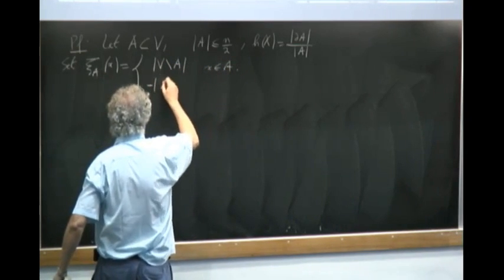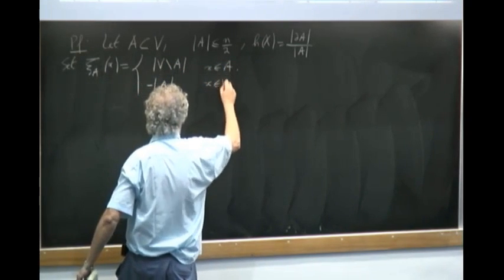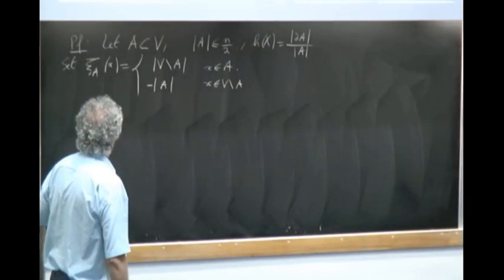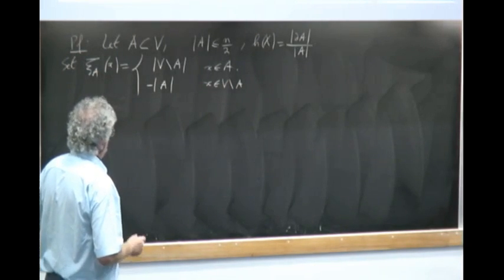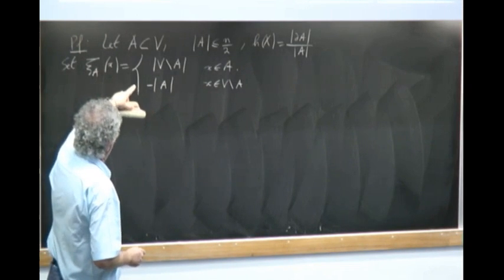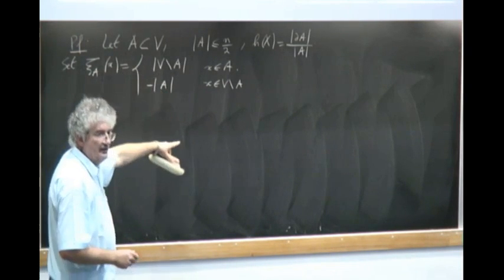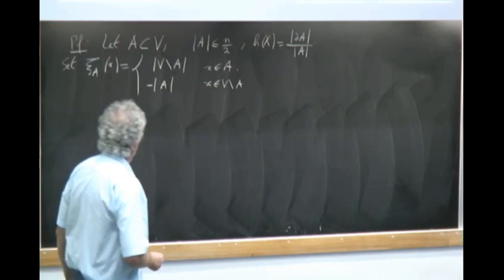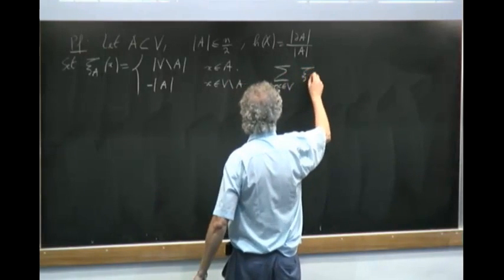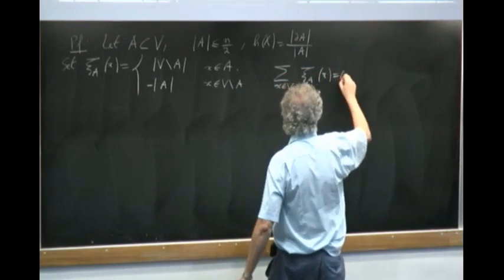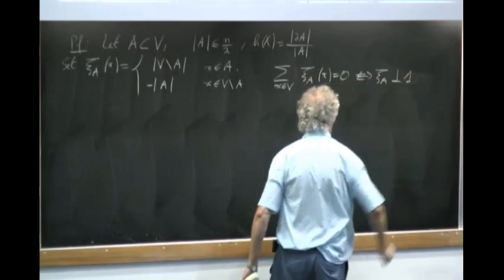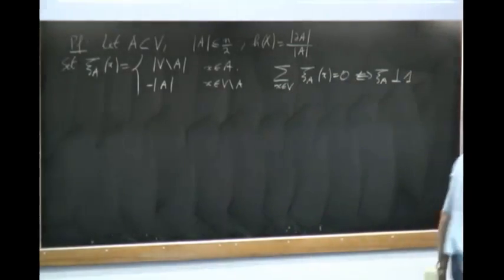And if x is a vertex not in A, we put as value minus the cardinality of A. We do that to ensure that psi sub A is orthogonal to 1. Indeed, if you sum all the values over vertices, you find 0. So the sum over x in V of psi of A of x is 0, and this means that psi of A is orthogonal to 1.